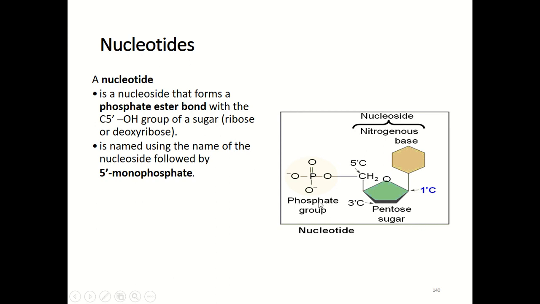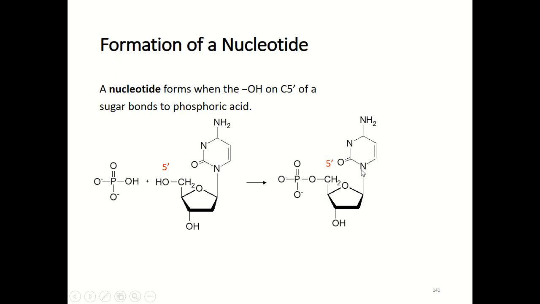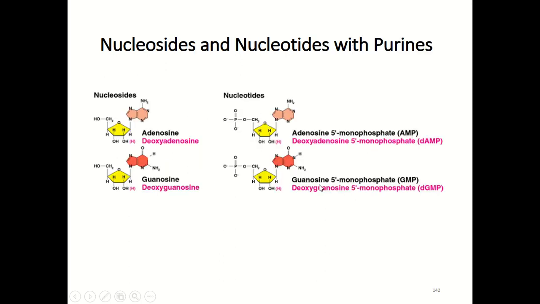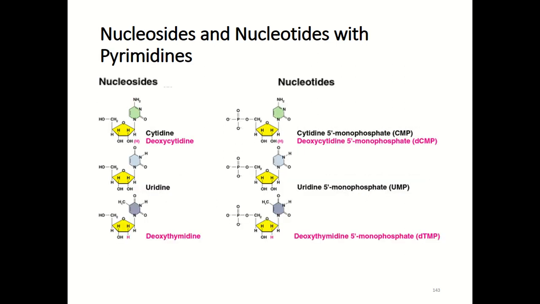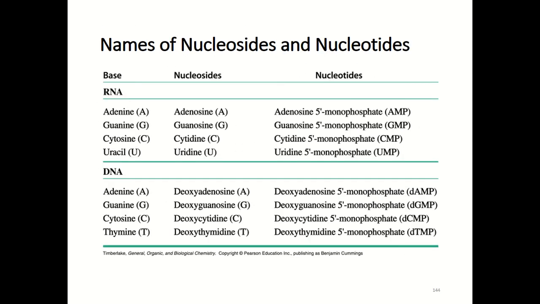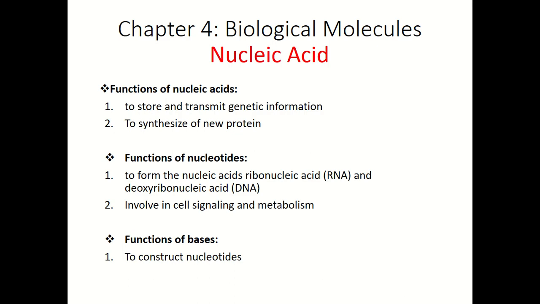Between pentose sugar and phosphate group is a phosphodiester bond. And this is how the nucleotide forms. A nucleotide forms when a nucleoside combines with a phosphate group, forming a phosphodiester linkage over here. And these are examples of nucleoside and nucleotide. This one also. And this is how they name it.